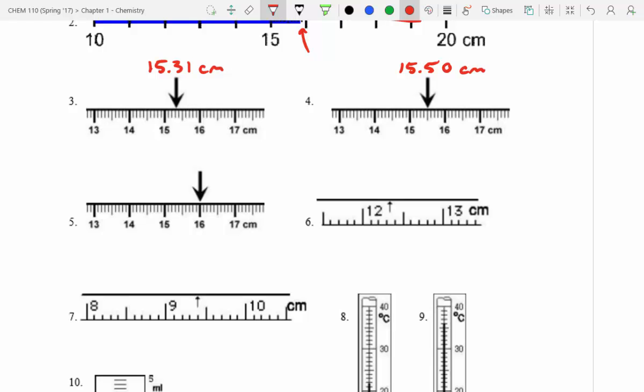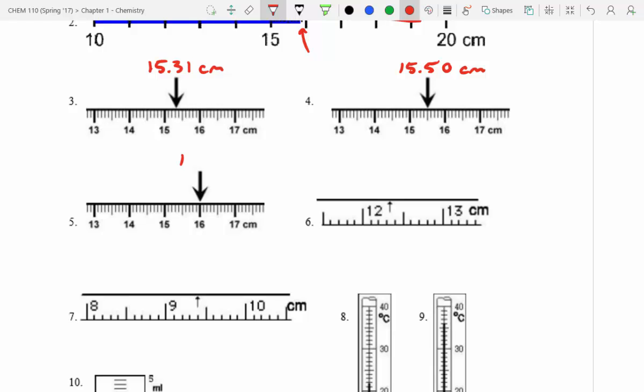We still want to estimate that. What about 15.05? Would that be 15.05? 15.05, if we look at it, would be closer down here. Can you see how this is smack in between 15 and 16? So it's at 15 and a half, but we want to estimate one digit beyond that. Yeah. All right, number 5. What would we say for number 5?